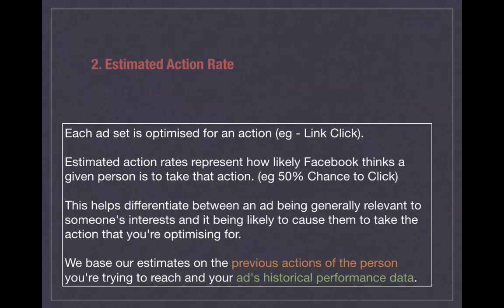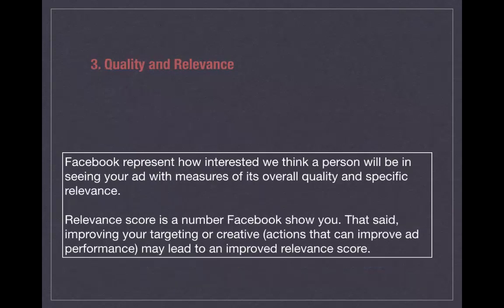Of course we don't know much detail about what metrics Facebook actually uses, and Facebook generally doesn't reveal this, but this is what we can guess: based on a particular person's historical performance data, Facebook estimates what the action rate could be on your particular ad.